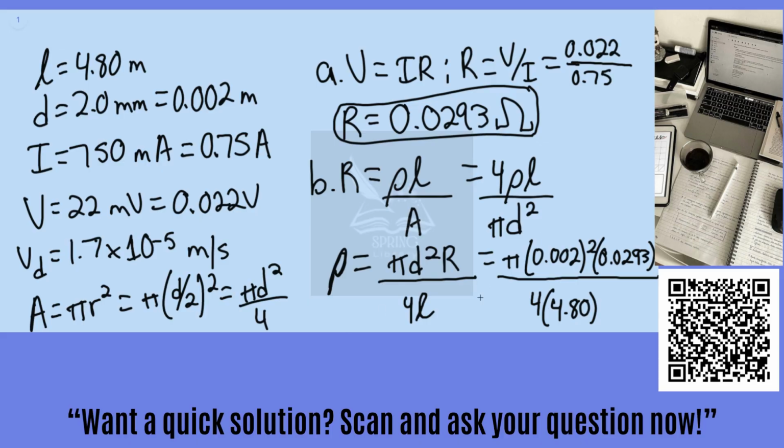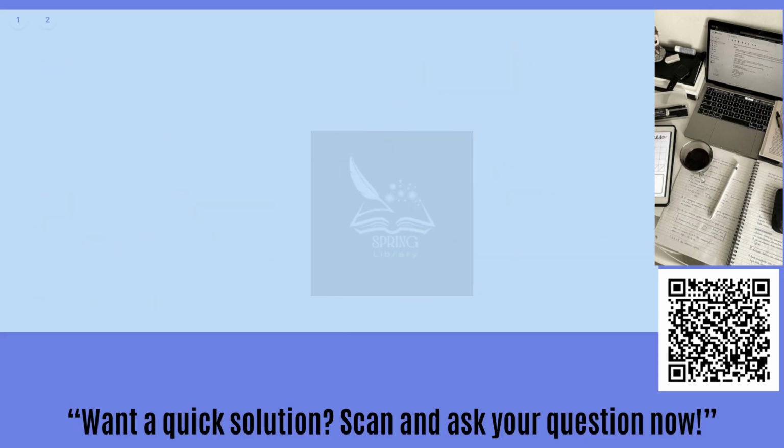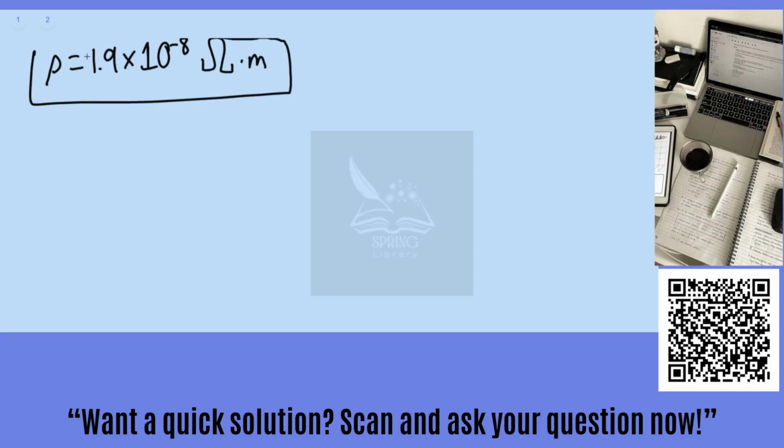And we find that the resistivity is going to be equal to 1.9 times 10 to the negative 8th ohm meters. So this would be your answer for part B.